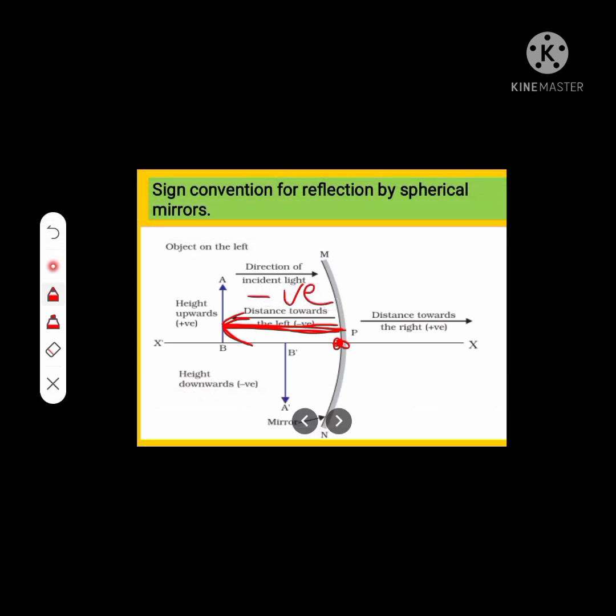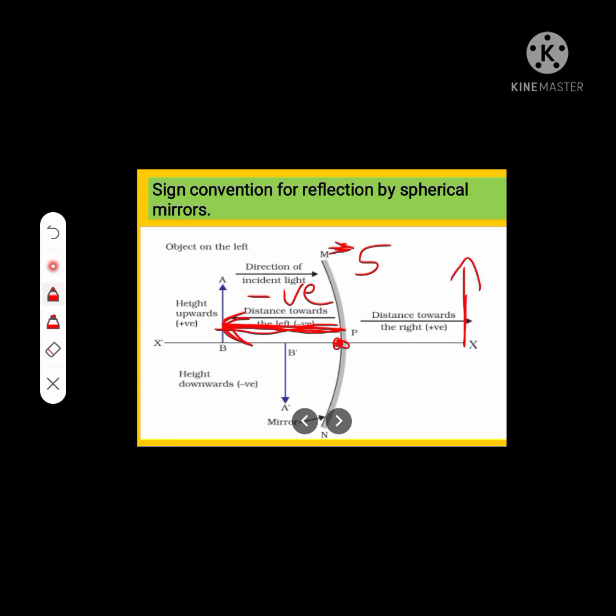Suppose the object is placed 5 centimeter from the mirror. We can take this value as negative because it is always measured from the pole and also on the left side of this mirror. So it is considered as negative. And suppose an image is formed here.